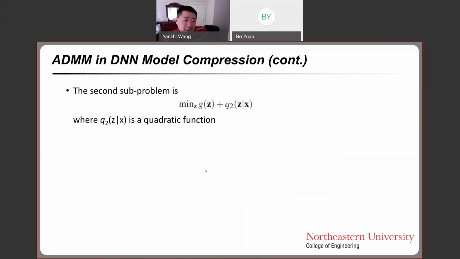For the second subproblem, we are given x and we want to find z. We have another term, q2, which is also a quadratic function. This is the key for the clustering-like problem, because for clustering-like problems, there is an optimal solution.